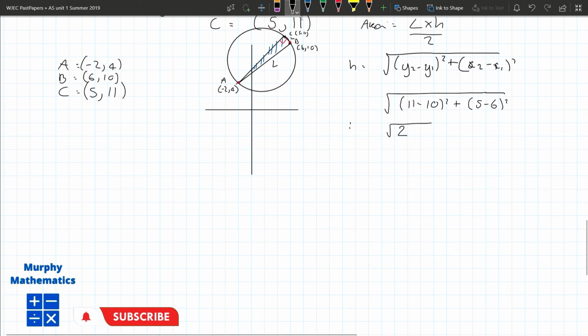Okay, so now I'm going to find the length of line L. I've accidentally mislabeled, I've used the hypotenuse there, that's not my length. So I've got my length here. So that's going to be point C and A. I've got the same equation, so I'm just going to copy and paste that.